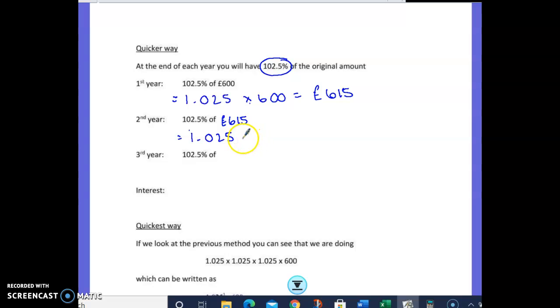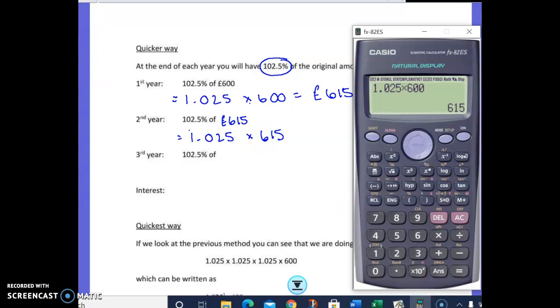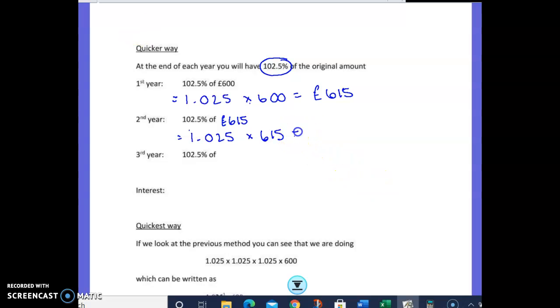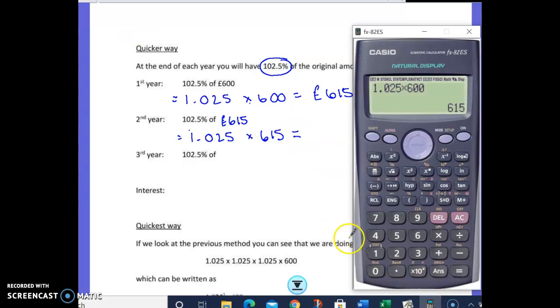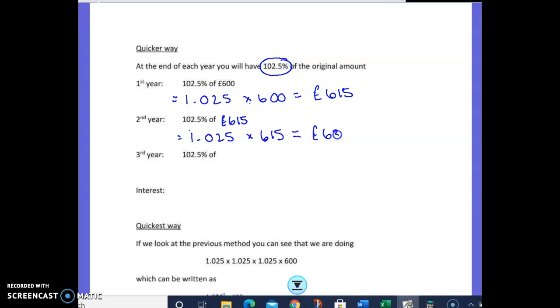It's 1.025 times 615. And that works out as £630.38.